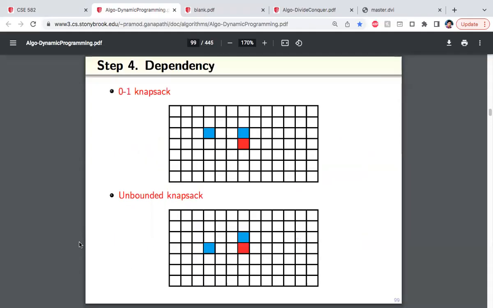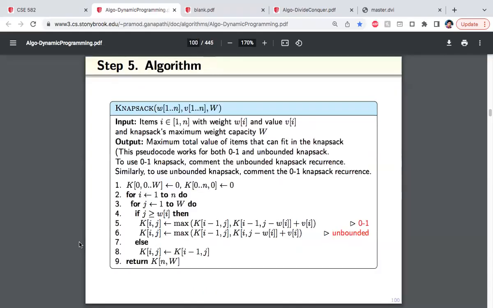Fine. Next, let's go to dependency. Dependency looks like this. You can plot it easily. Next algorithm, the pseudocode is like this. If you only include line 5 and not 6, then you will get the pseudocode for the 0-1 version.